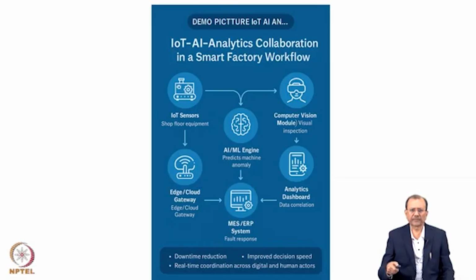On one side we have IoT sensors, then we have edge computing, then data is being captured from business systems like MES or ERP, and then the machine learning system is analyzing that, and the computer vision system is relating this picture or whatever problem is coming. We will be studying computer vision, and how inspection is now being automated with the help of computer vision.